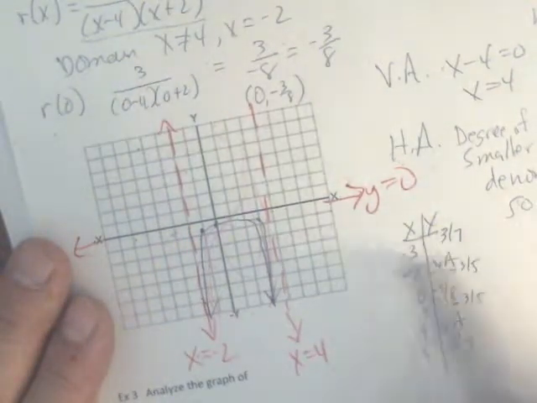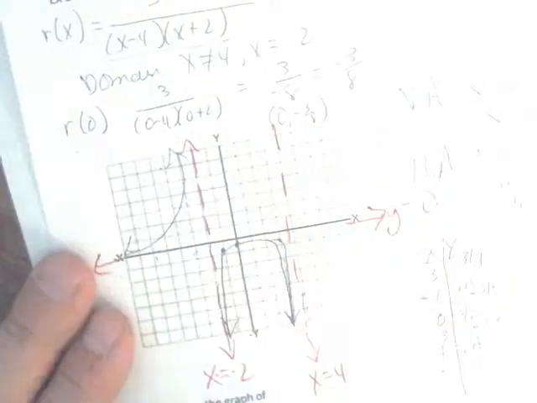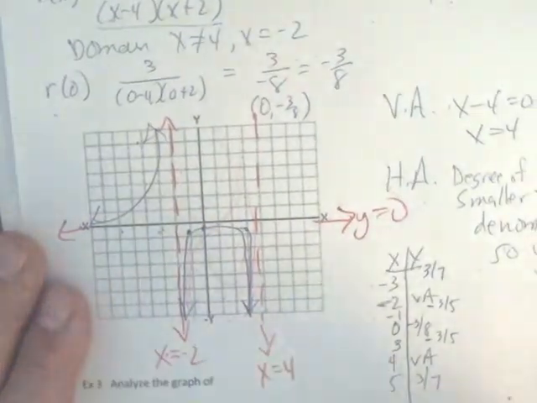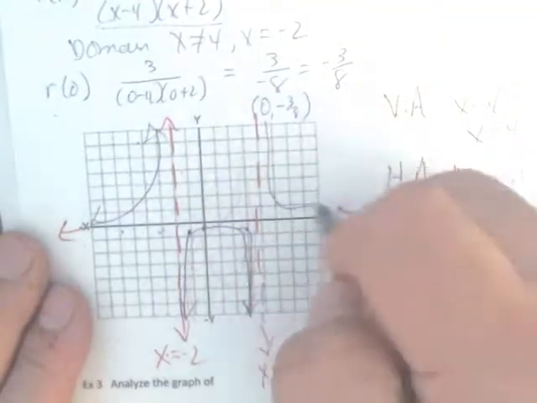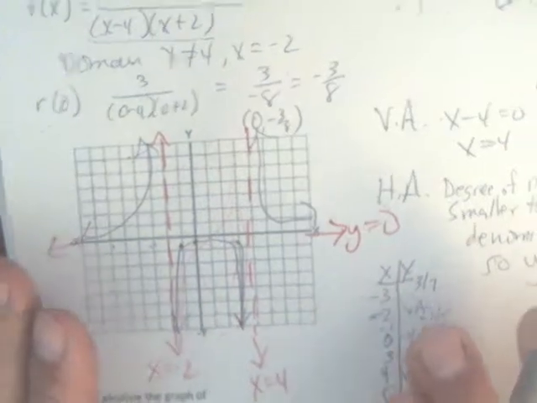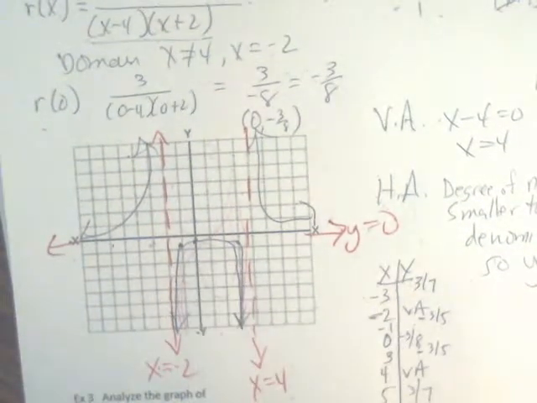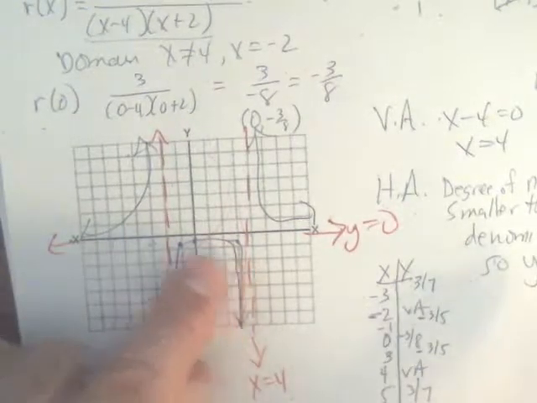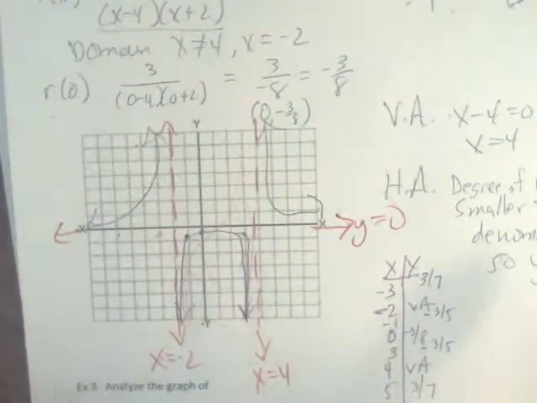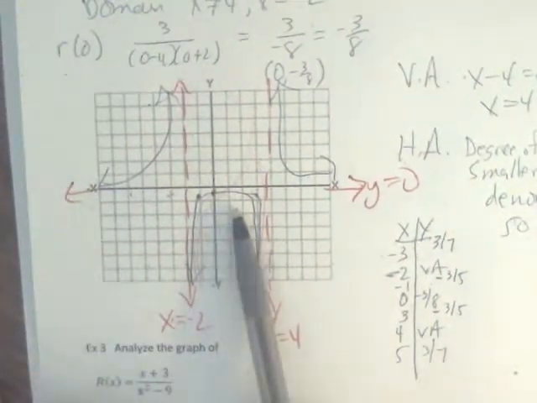Now over here, x is -3, 3/7, that's above the horizontal. So I sketch it above the horizontal. Over here, 5, 3/7, above the horizontal. So it's all above the horizontal, so I really don't need to plot any points. When you have two verticals, you've got to figure out the trend as you get close to each one of these vertical lines. All right, that's probably as hard as it gets.